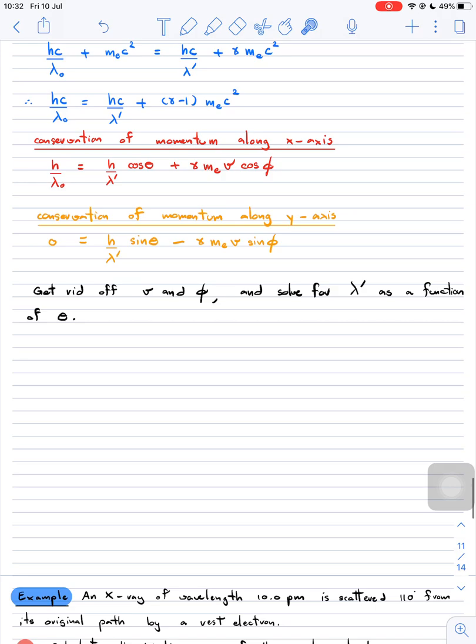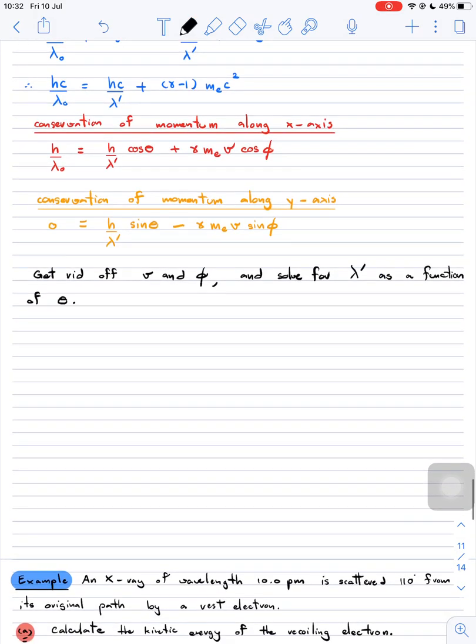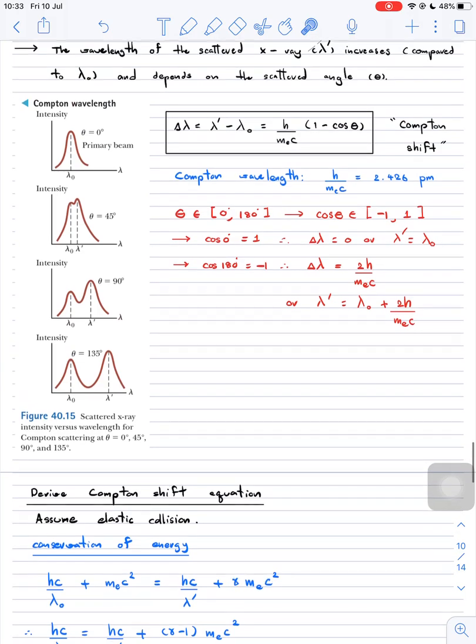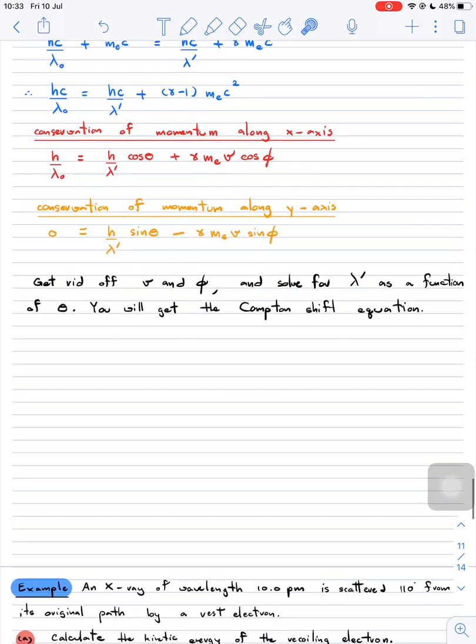When we solve for lambda prime as a function of theta, you will get the Compton shift equation, which is this one. So just work on it by yourself at home.